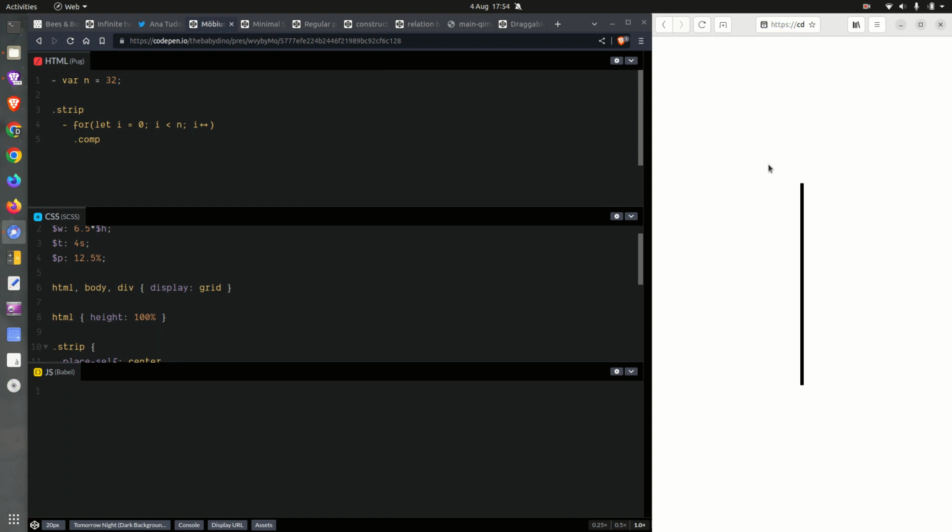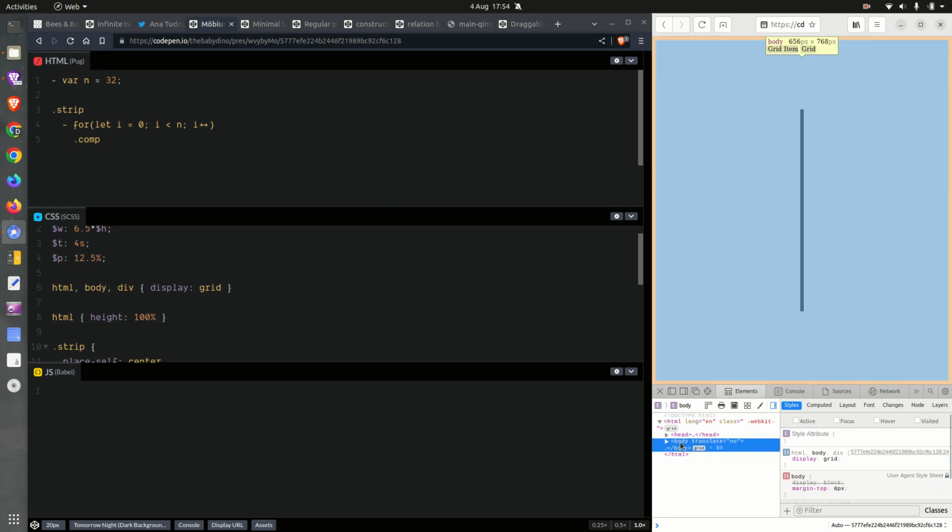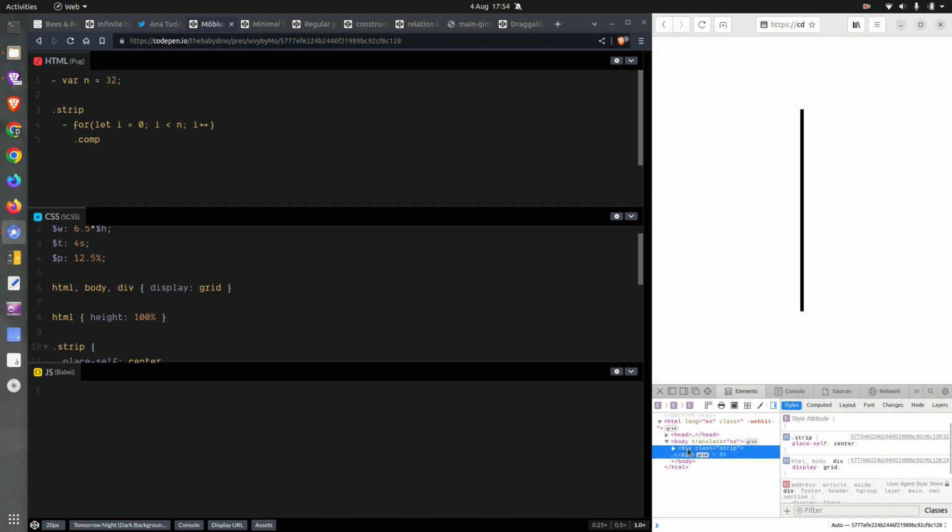Now let's bring up DevTools for a little bit because I want to show you something. So the strip grid, you can see how there is a 0 width column, but there are multiple non-zero height rows. And what we actually want, we don't want each of those components in its own row, because this is a one column grid, so every cell is on a different row.